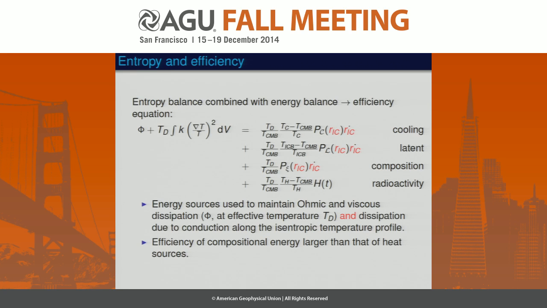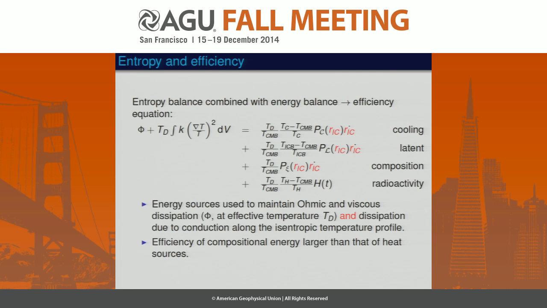This is proportional to the thermal conductivity of core material, and it happens to be a quite large number, as we will see just after. So that's an important first point. Another point to make here is that compositional energy has a higher efficiency factor than the thermal energies.